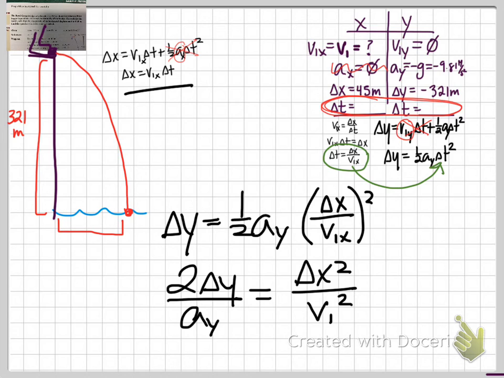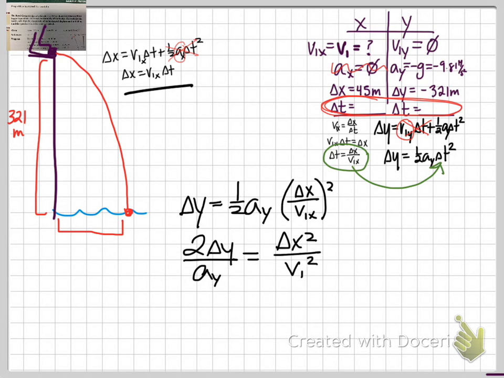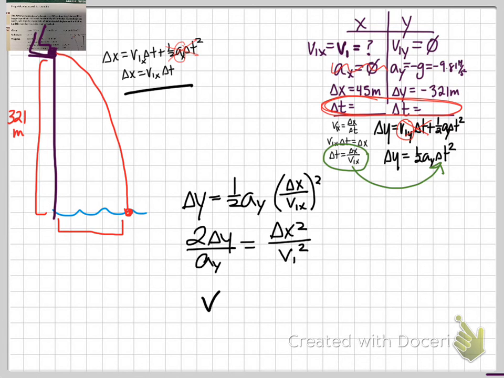You got some more algebra up your sleeve? So I do this the slow way, vi squared 2 delta y over a y equals delta x squared, and then I can multiply both sides by ay, divide both sides by delta x.